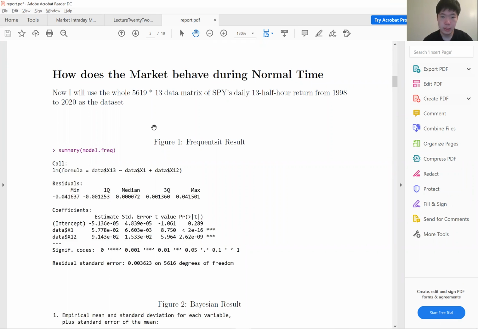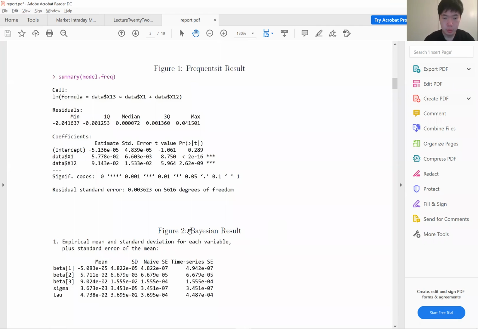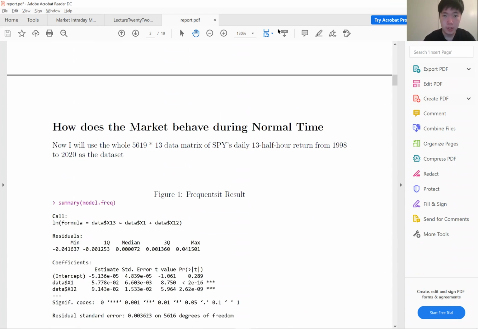I fit a linear regression, and indeed we see that return 1 and return 12 have significant predictive power in explaining R13. And I also fit a Bayesian model, this hierarchical model, by RJAGS.